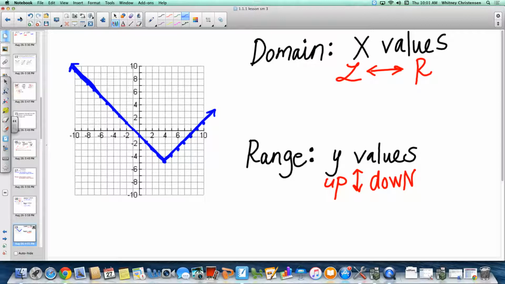It does not matter that it's growing up and down. I'm talking left to right. Where's it growing? Do not look up and down at all. Look left to right. Where's my graph growing? Tell your neighbor.